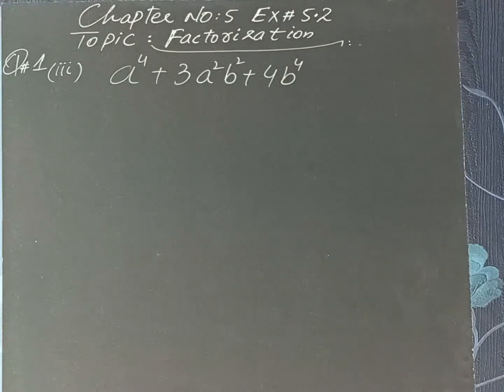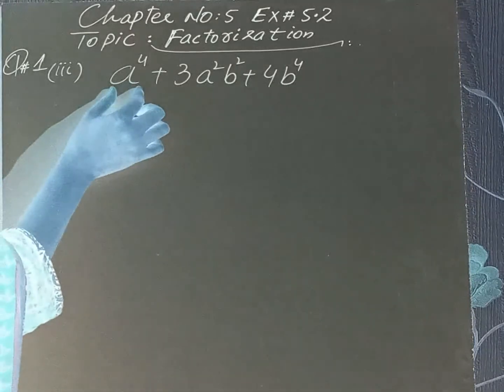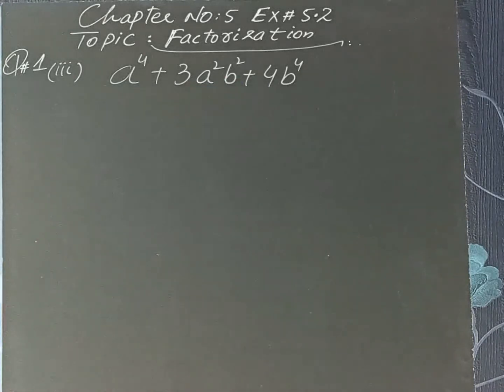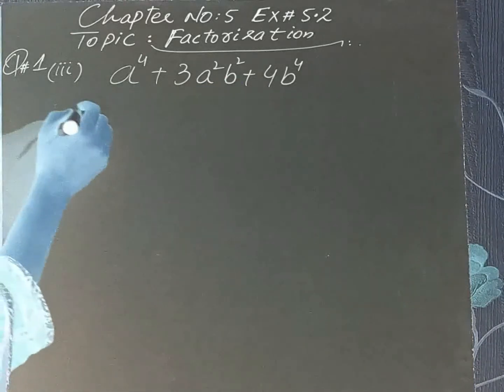Okay, here in part 3, you can see here are the three terms. We can't take any common here, and we can't apply any other type of factorization we have read before. But here now we will go for the factorization that's related to the previous type of factorization. We will have to pick out any two terms which are perfect squares. A raised to power 4 is the perfect square of a square, and 4b raised to power 4 is the perfect square of 2b square.